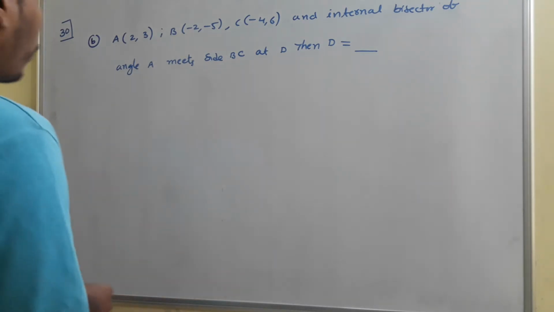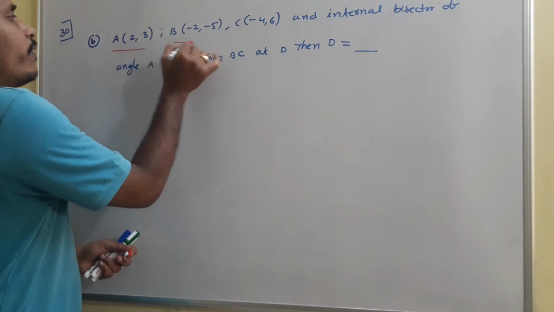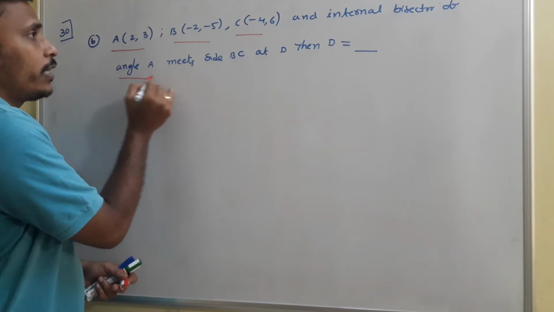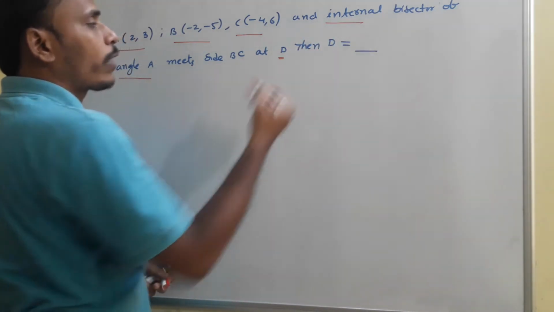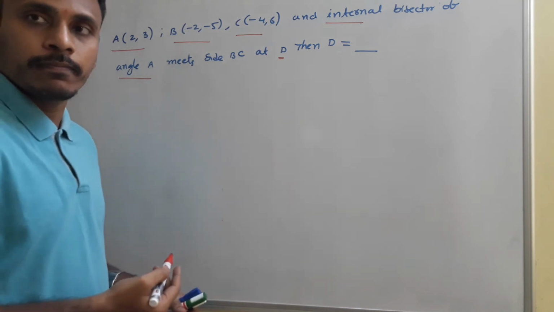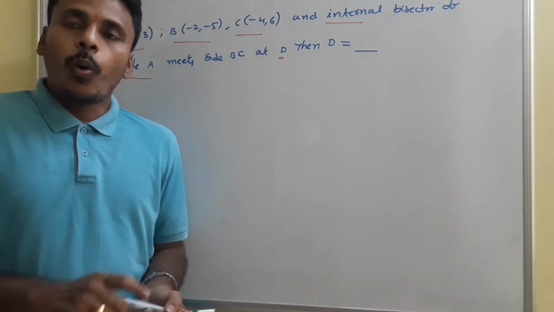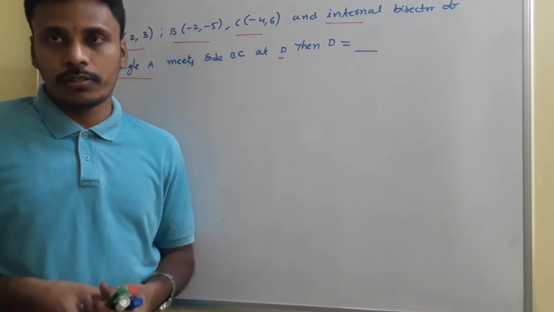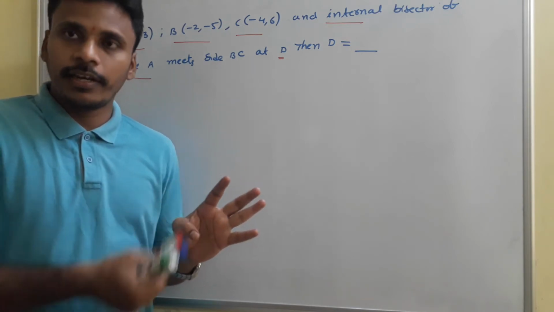So have a look. For this problem, vertices of the triangle is given. A, B, C are given. Internal bisector of angle A meets side BC at D, and we need to calculate that D. Right. So actually, as a theory, while discussing all the concepts, already we mentioned you about internal angle bisector theorem and its statement.